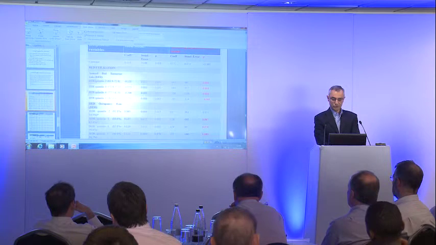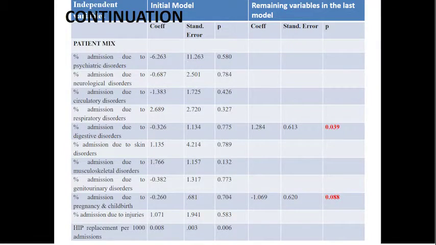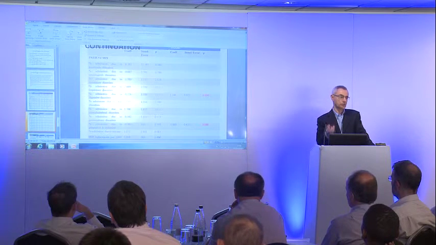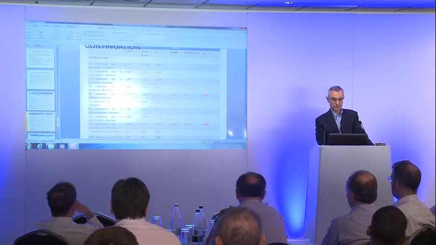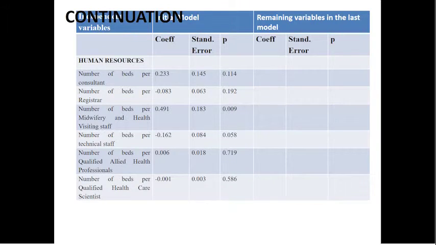The other variables taken into consideration were the patient mix. These are the proportion of admissions due to psychiatric disorder, neurological disorder, circulatory disorder. So each hospital basically had a profile with a certain proportion of the burden of disease. And finally, there were the human resources, which are quite important because of the workload.